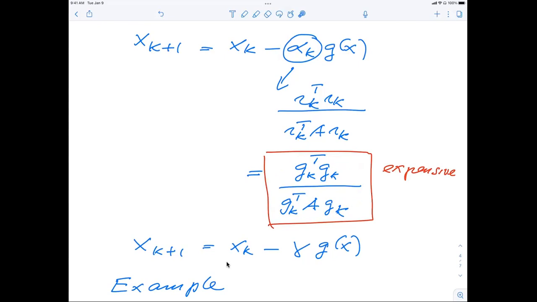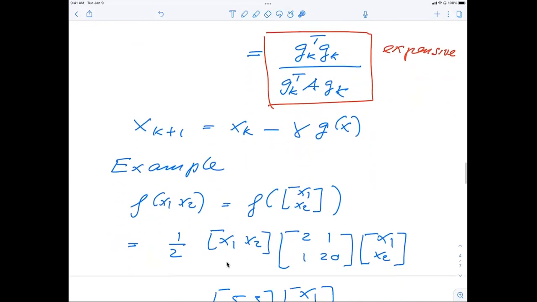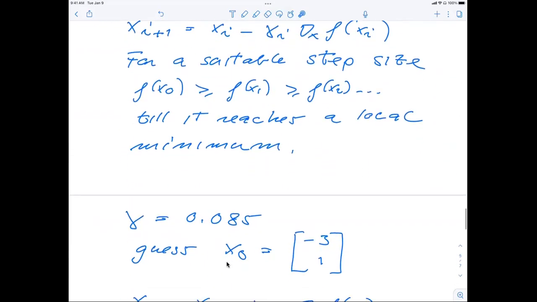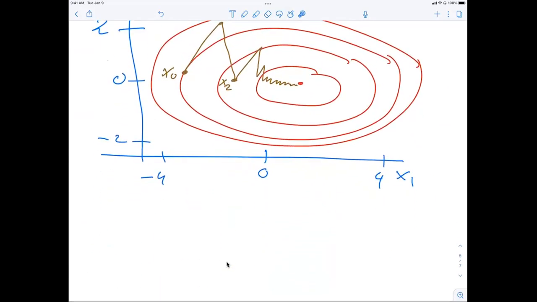What I'm going to show you now are some of the standard methods used to update this learning rate without having to calculate this expensive quantity, or even more expensive, having to invert the Hessian matrix. So any questions so far? Feel free to use the chat here since we are not having an in-person lecture today, because I hope you see the overarching theme.